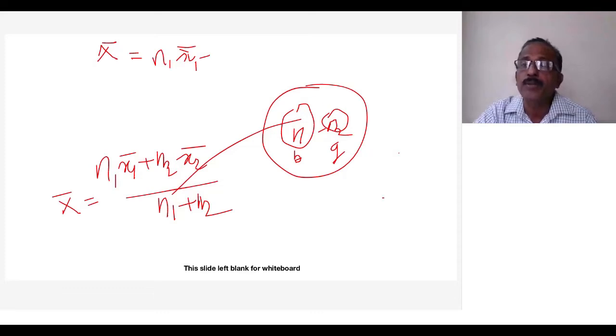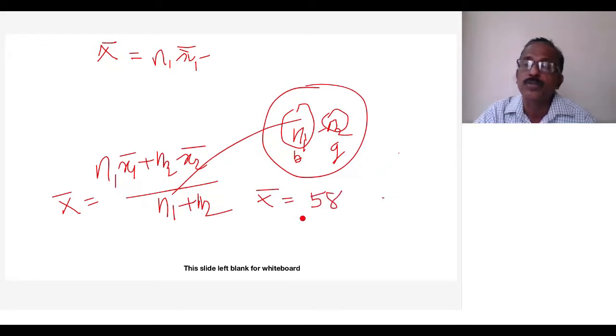So the combined arithmetic mean is the arithmetic mean of the total N1 plus N2 observations. The combined mean of these observations is given: capital X bar is equal to 58.